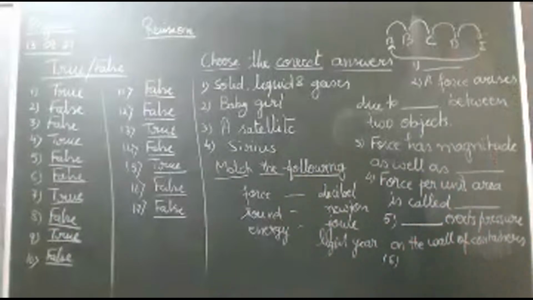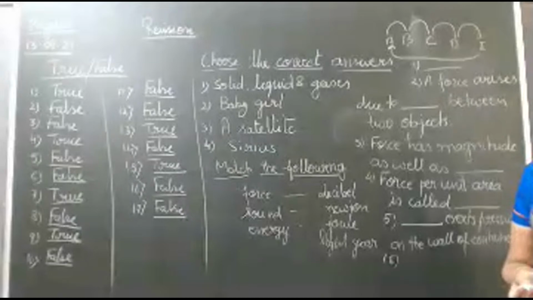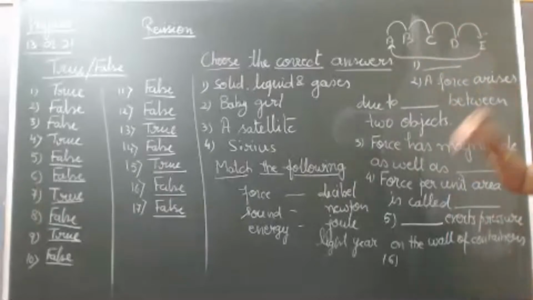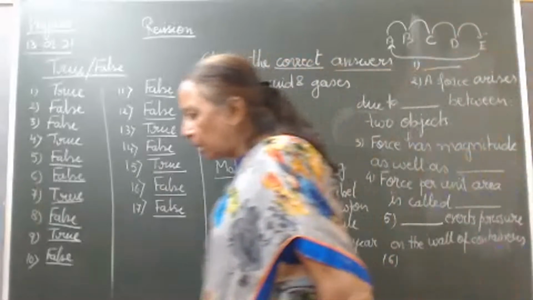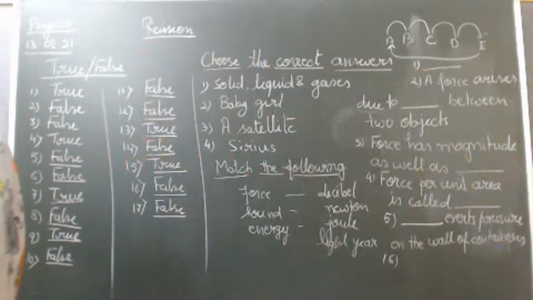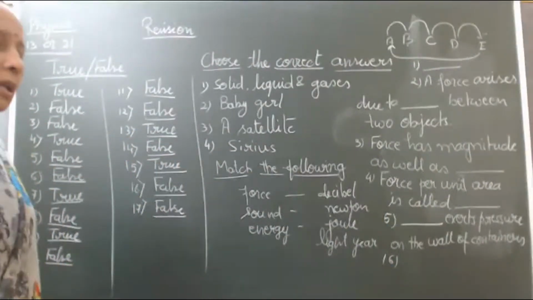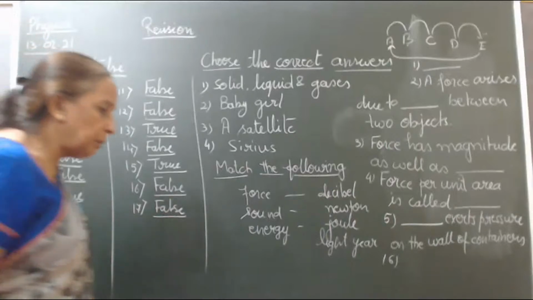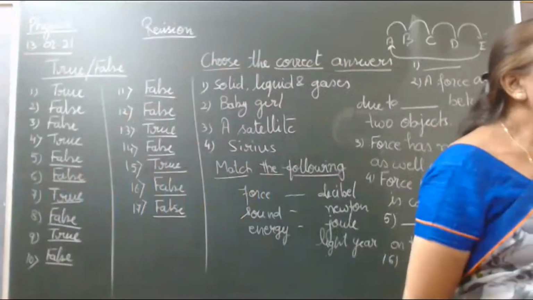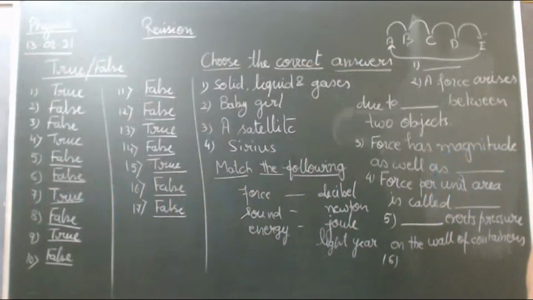Like that you can prepare a minimum of 50 true false and 25 others. You ask each other, and in half an hour you will complete the round and enjoy the lesson. That is my way, and every year I say the same thing: make a group of 5 students and study like that.